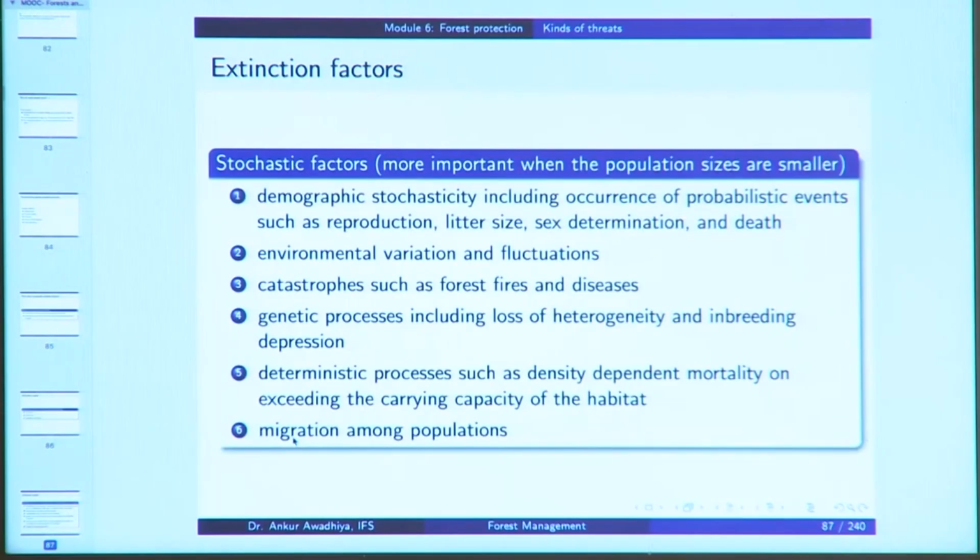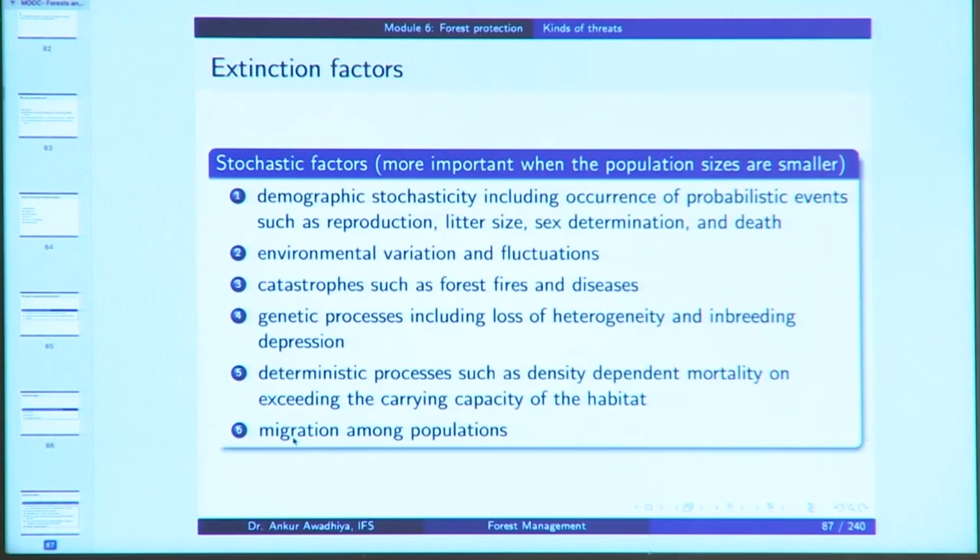In the case of stochastic factors, you have demographic stochasticity, which is the probabilities in reproduction, litter size, sex determination, and death. So, it is just possible that most of the animals are having a very small litter size, just one progeny, and if that happens, then the population is more pushed towards extinction if the population size already is very small, or if all the progeny turn out to be males, or all of them turn out to be females.